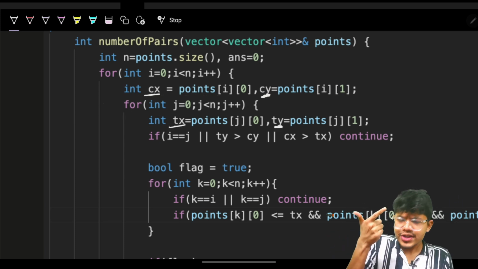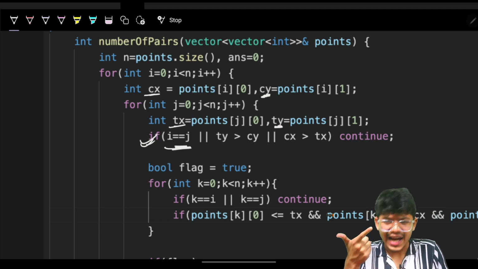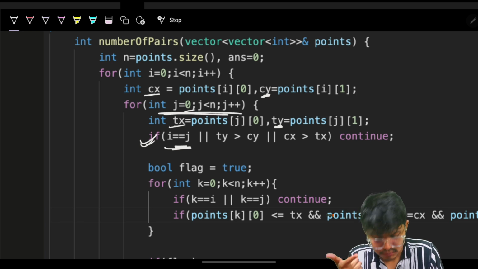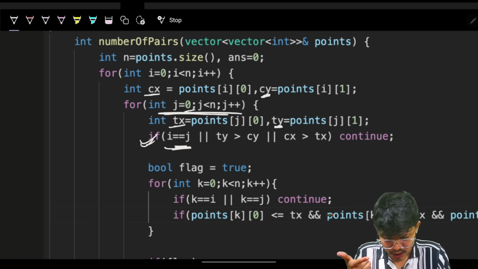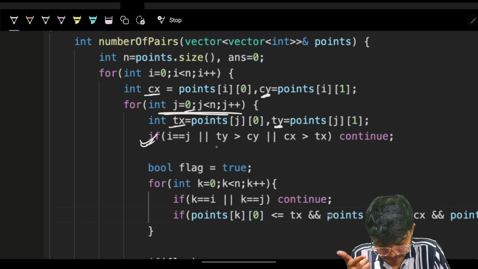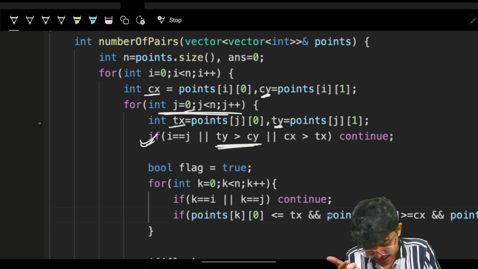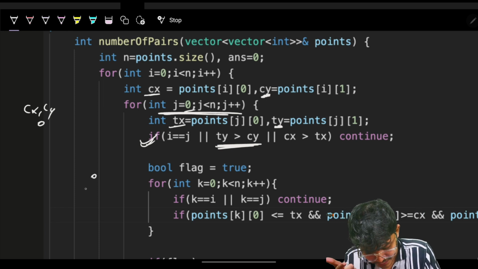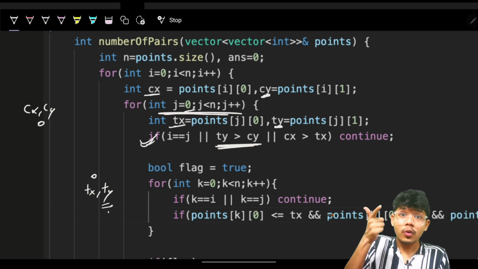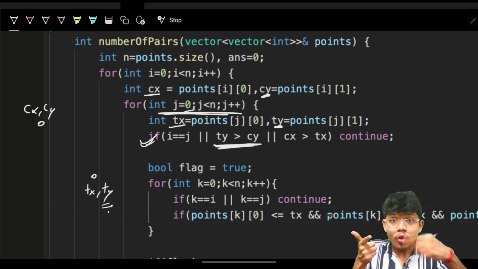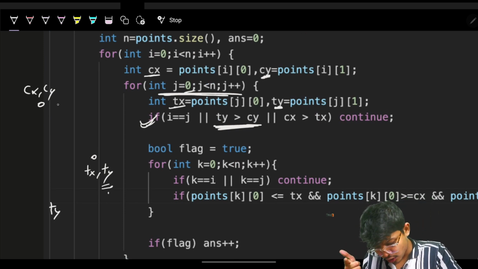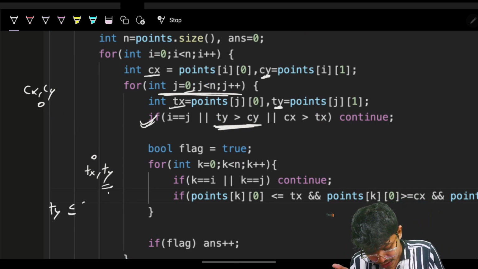Now just have a quick check if your I and J are equal. Continue, because I and J should not be equal; since you are starting from 0, I and J can be equal, but they should not be, so continue. Now the main condition: remember it was CX, CY, and TX, TY. Remember, Ty was always less than or equal to my Cy. In the picture you can also see your Ty is less than or equal to your Cy.